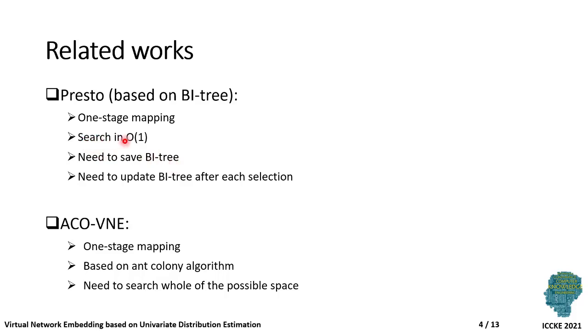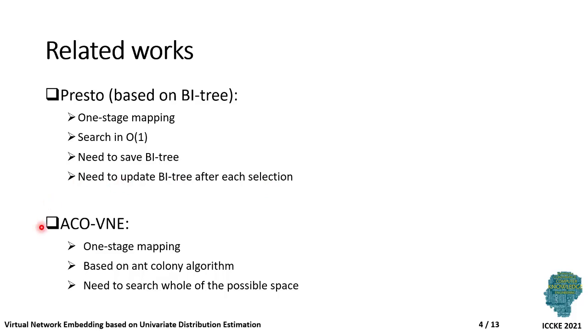The searching time is O(1), which is really good, but the important drawback of this related work is the time consumption of the blocking island tree construction. And also the process needs to update the BI tree after each single selection, which is really time consuming again.